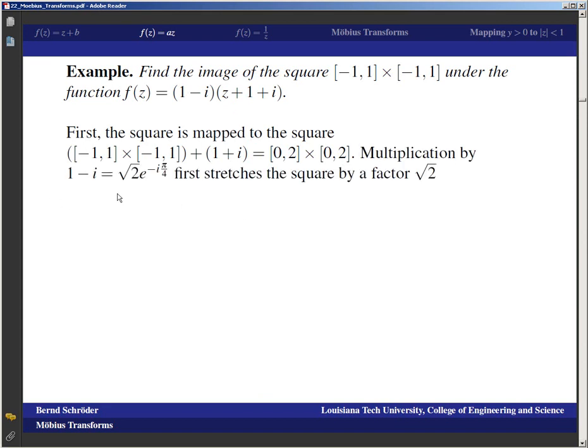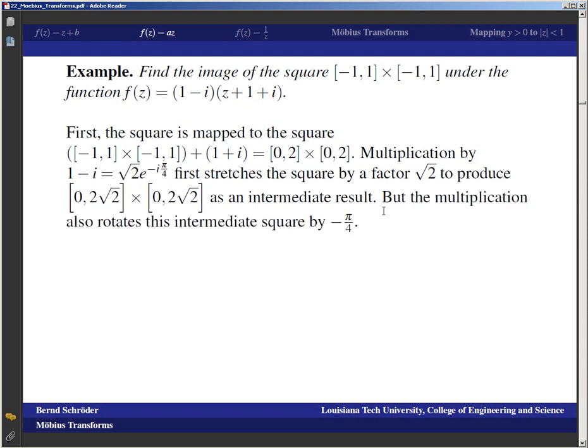If you then multiply by 1 minus i, and 1 minus i in polar notation is square root of 2 e to the negative i pi over 4, that first stretches it by a factor of root 2, which produces the square [0, 2 times root 2] cross [0, 2 times root 2] as an intermediate result. And then the multiplication also rotates this intermediate square by negative pi over 4, so it rotates by pi over 4 in the mathematically negative direction, in the clockwise direction.